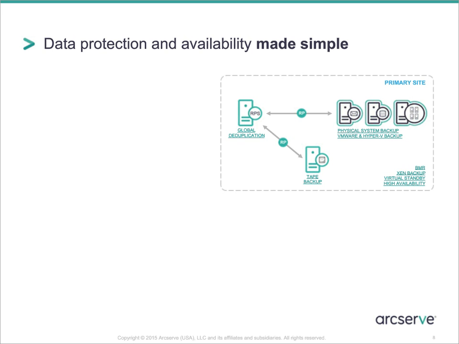One of the benefits that we can provide with ArcServe is the fact that a lot of data protection solutions on the market today claim that they have good dedupe, but in reality what tends to happen is customers will go out and buy a hardware dedupe appliance because the software dedupe that the data protection solution provides often isn't good enough.